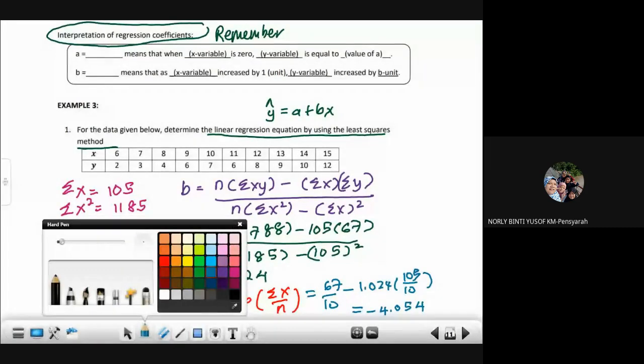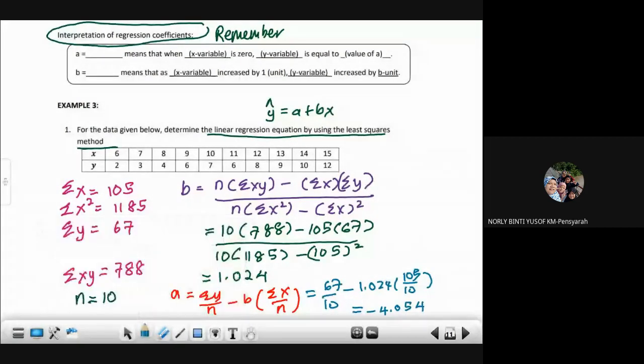Okay. So soalan nak regression line. So thus berakhirlah dengan you punya regression line yang you nak tu, Y sama dengan negative 4.054 plus 1.024x. So itu jawapan akhir.